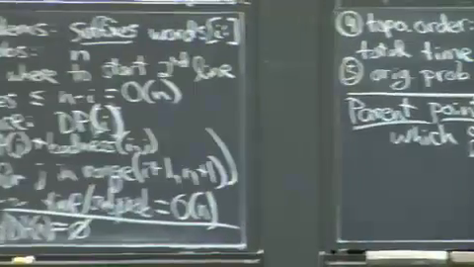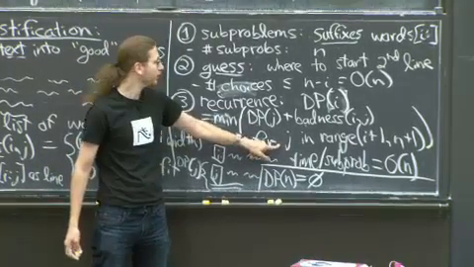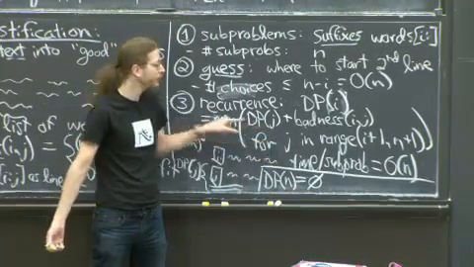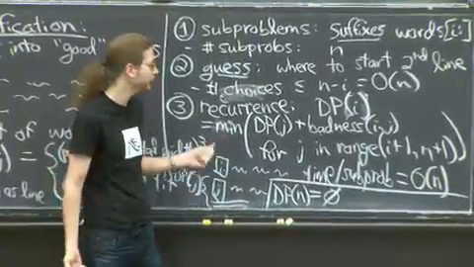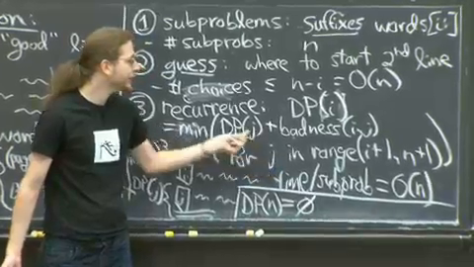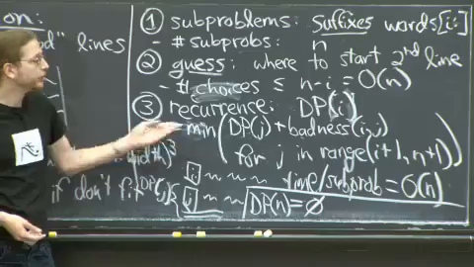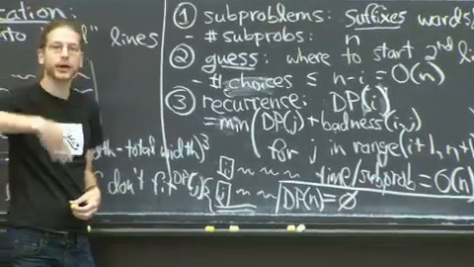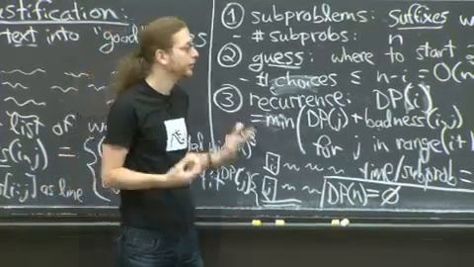So when we compute this min, we're trying all choices of j. One of them, or maybe more than one, but at least one of them actually gave you the min. That's usually called the argmin in mathematics. It's what was the value of j that gave you the minimum value of this thing. So when you compute the min, you're iterating over every single one. Just keep track of which one was the best. That's it. Call that the parent pointer.